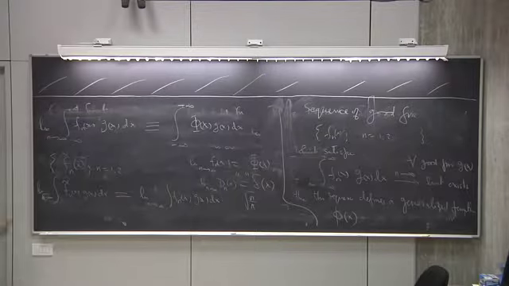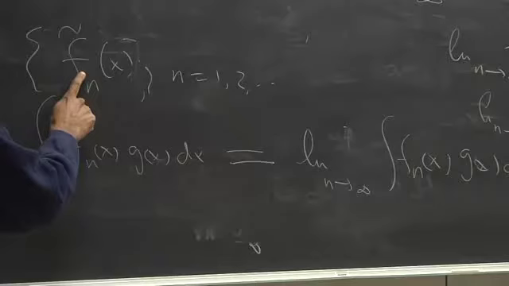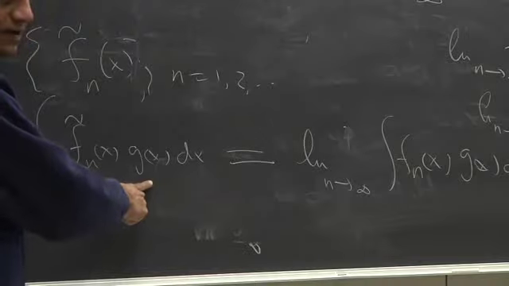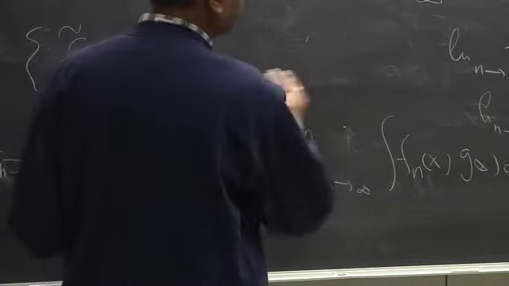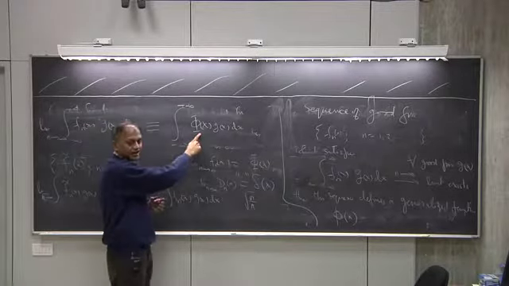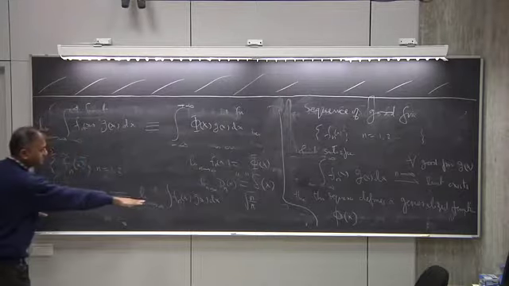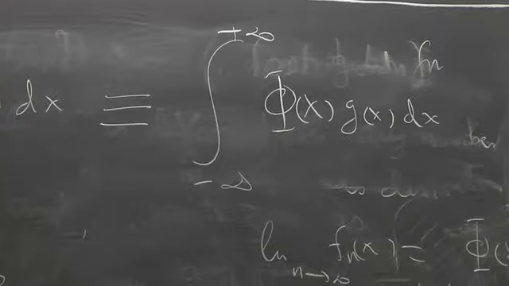So if the two sequences, fn and f tilde n, give the same limit for every good function g, then obviously they will define the same generalized function, because a generalized function is precisely that limit. The right hand side is just the limit as n goes to infinity.